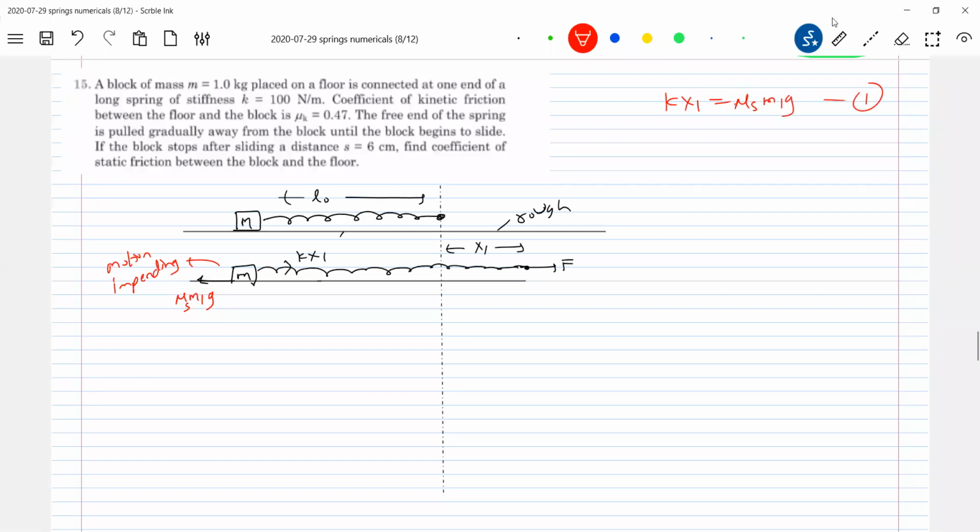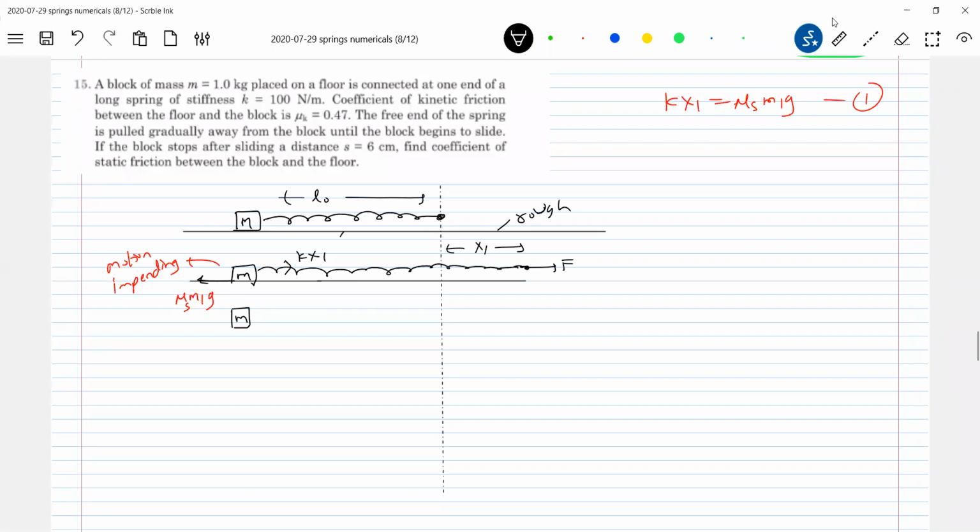Then what will happen very next moment? The spring force is able to overcome the friction, and the block starts accelerating. Why will it start accelerating?